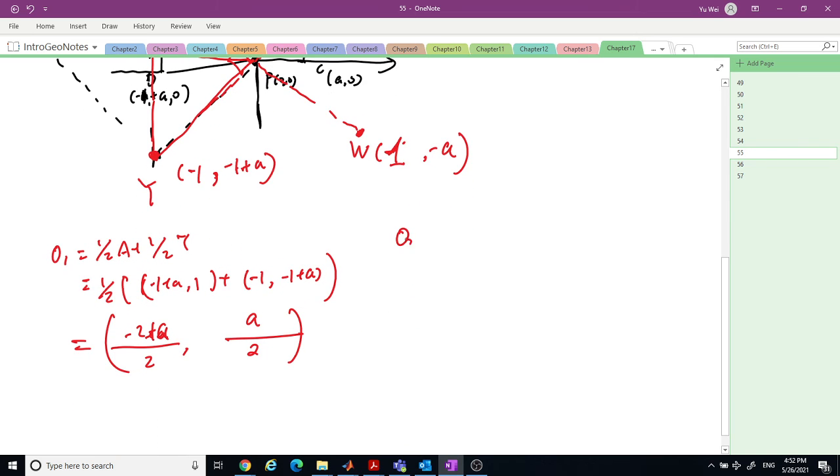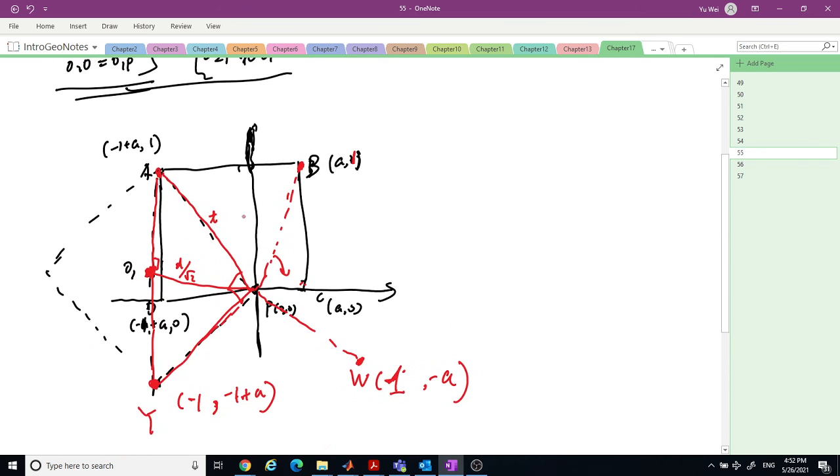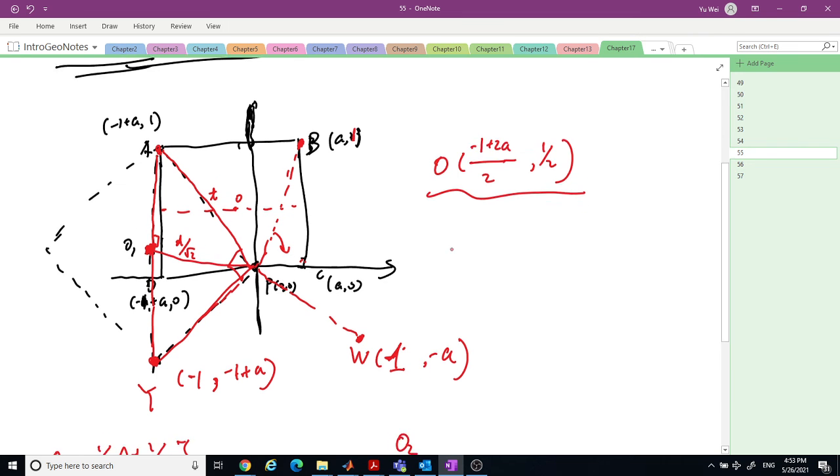Here the coordinates of the O is simple, right? Coordinates O is half of the Y, and this one is half of the D and the C, so it's -1 plus 2A. Okay.